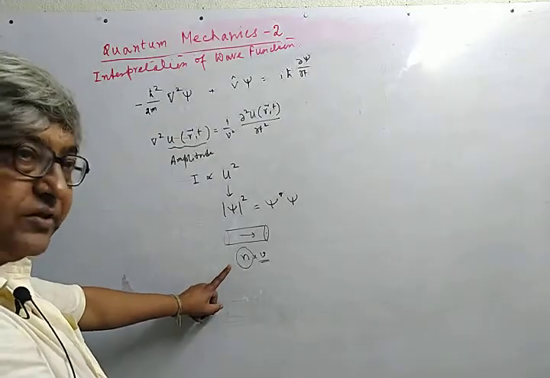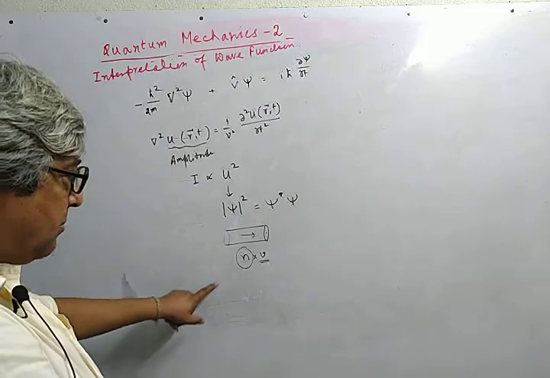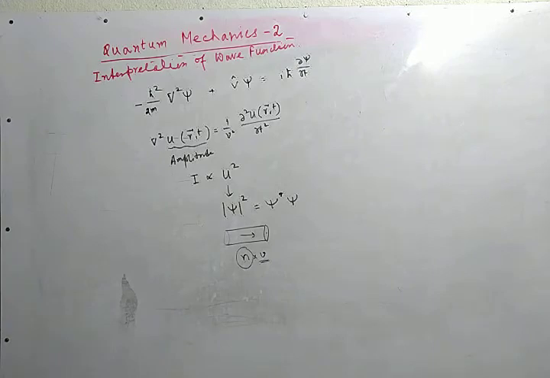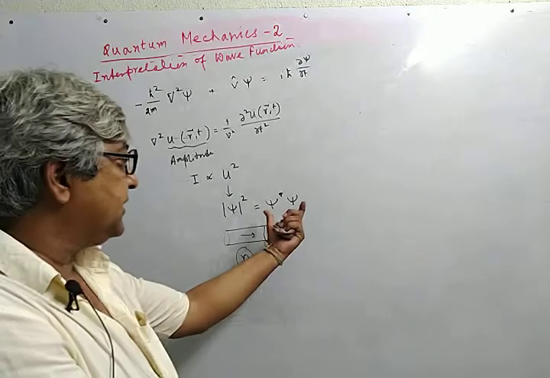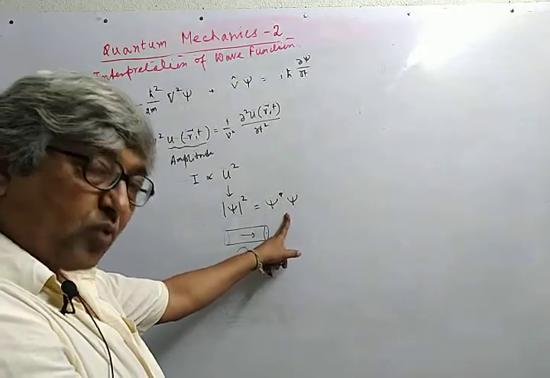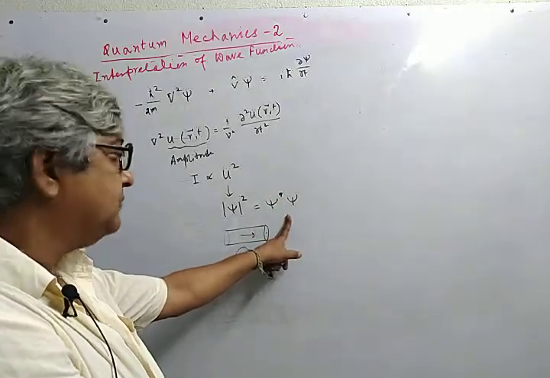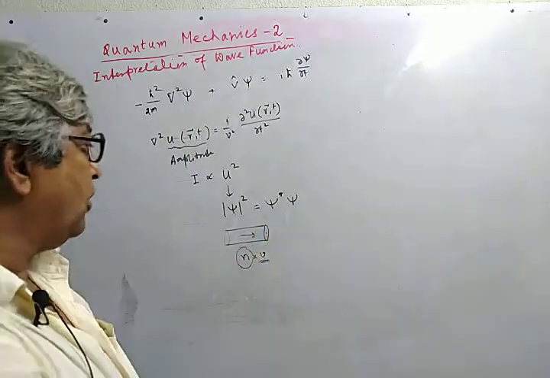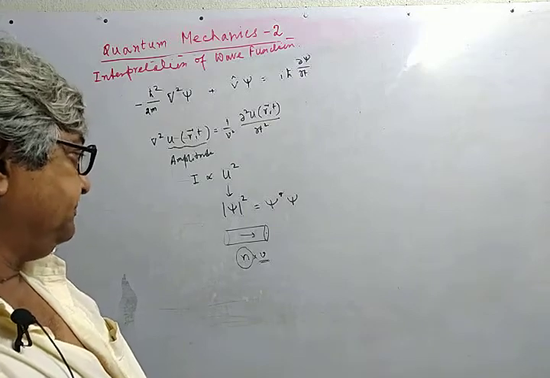It is the number density, and the quantum analog of number density will be the position probability density. So as per Born, it is the probability of finding the particle at point r at time t within a small volume per unit volume.